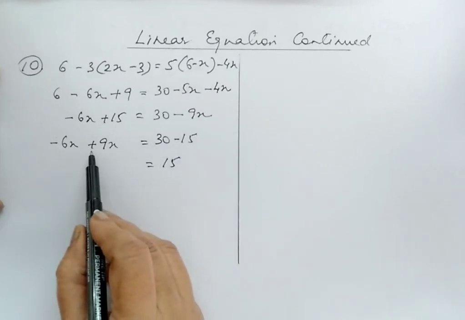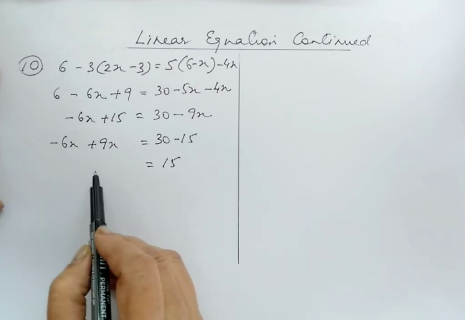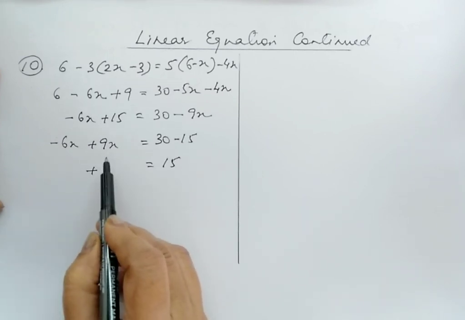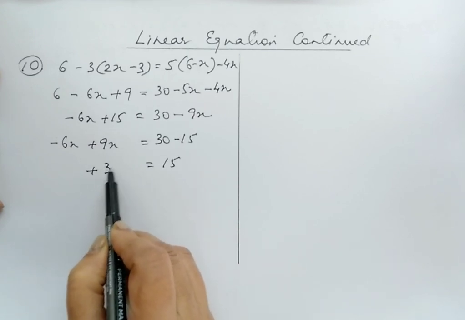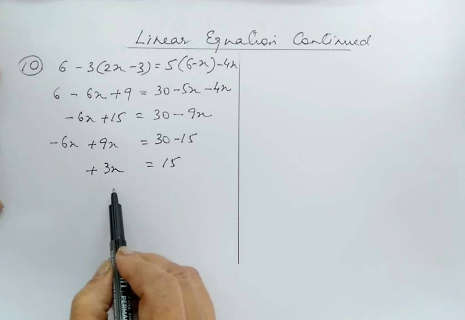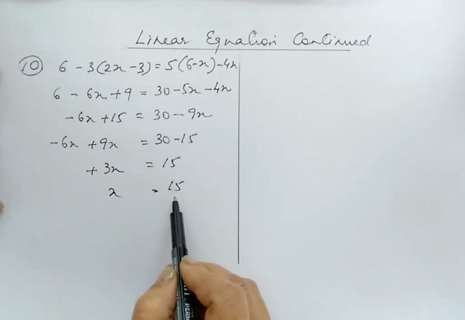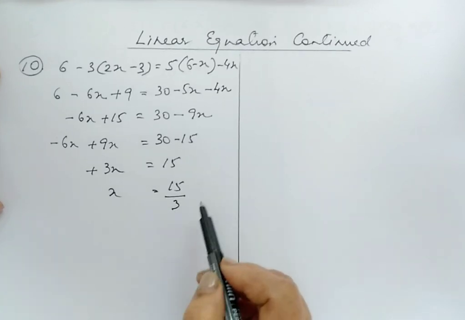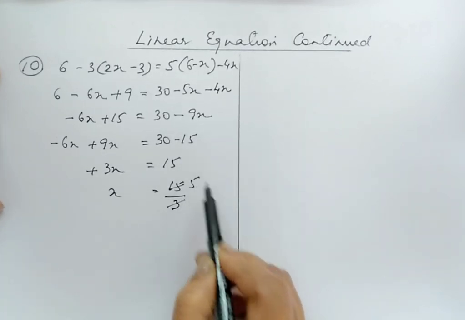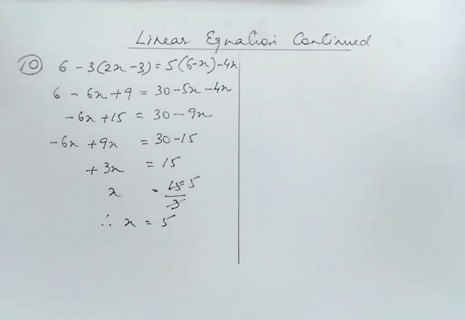Here again we have 9x larger than minus 6x, so we'll take a plus sign here and 3x here. Therefore we have found our x: 15 divided by 3, and this gets cancelled. Therefore, x is equal to 5.